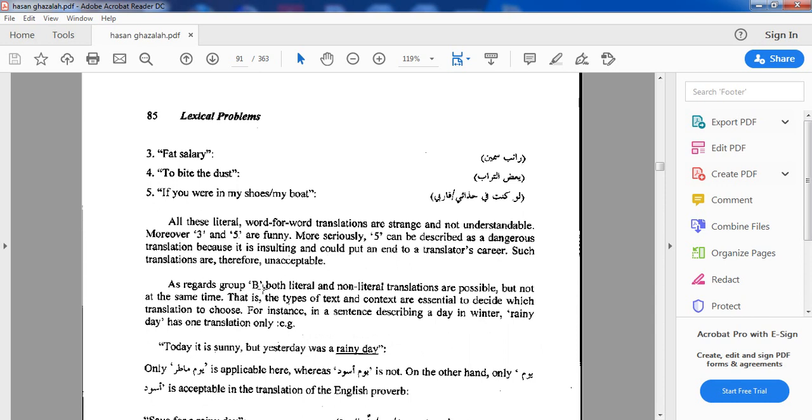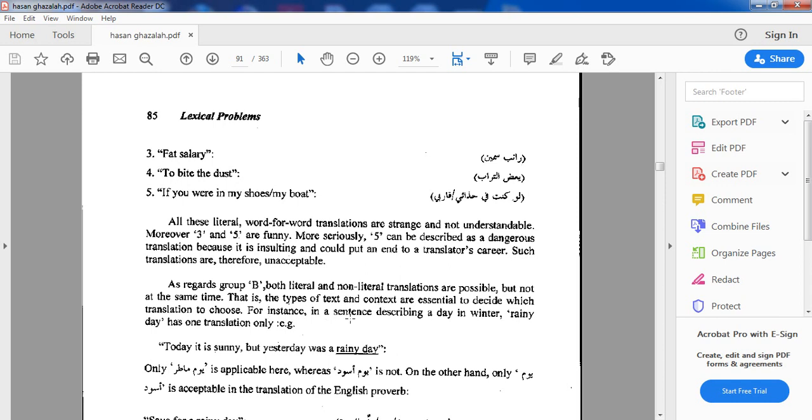As regards group B, both literal and non-literal translations are possible, but not at the same time. That is, the types of text and context are essential to decide which translation to choose. So we have to be careful of the text and the context. I think in the last semester we talked about what is meant by text and context.